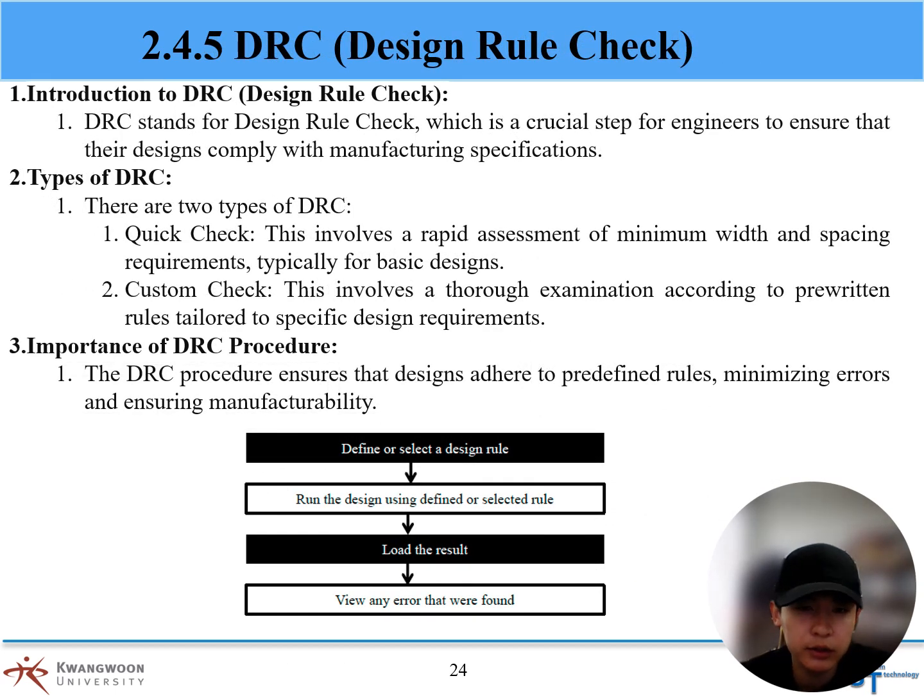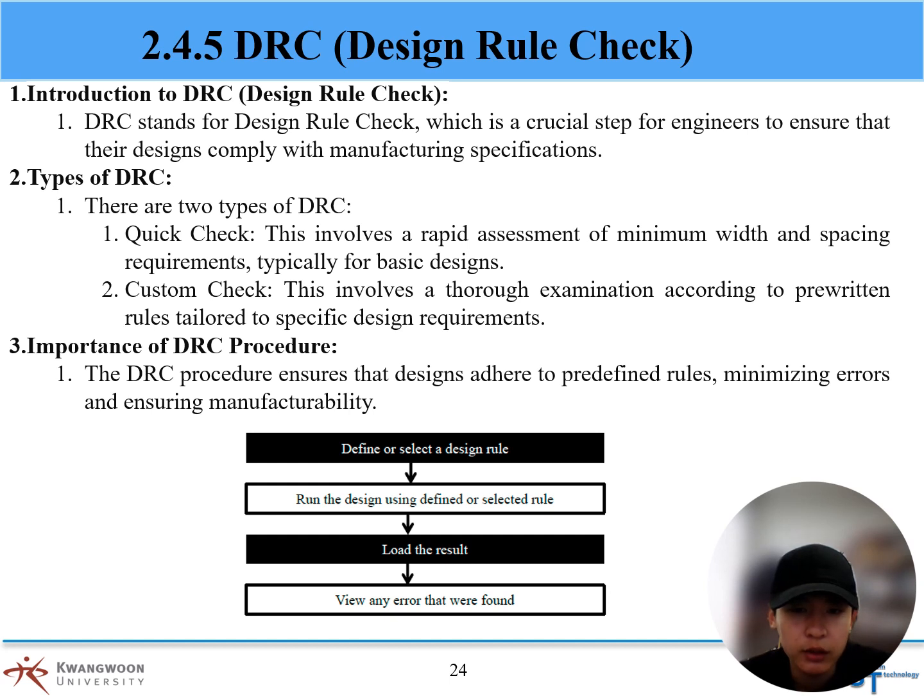This part is the DRC. DRC stands for Design Rule Check, which is a crucial step for engineers to ensure that their designs comply with manufacturing specifications. There are two types of DRC. First is quick check, the other is custom check.